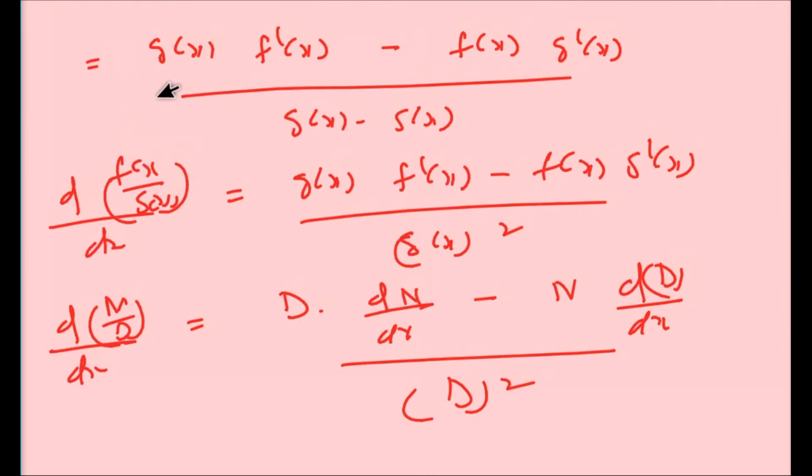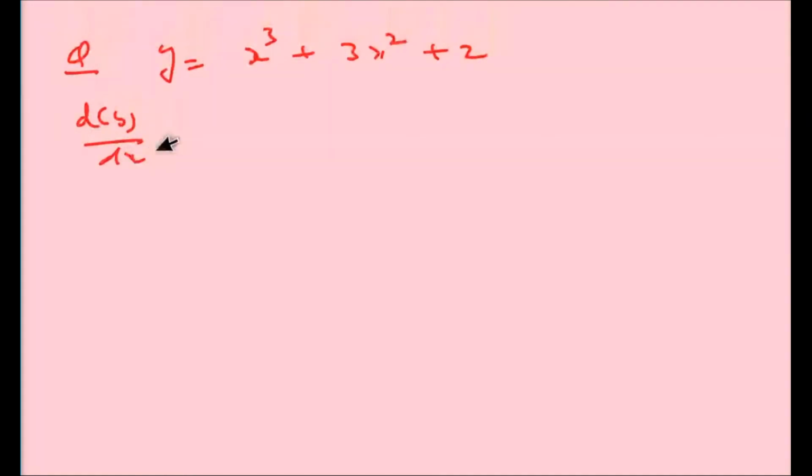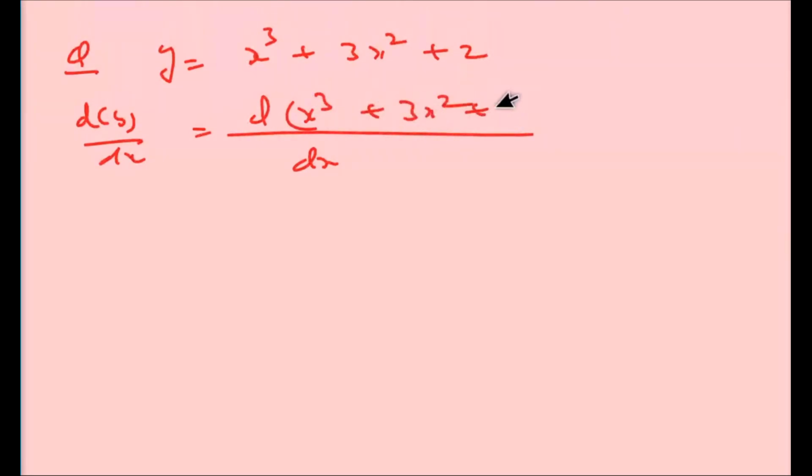Okay, so now for revising this topic we will do some questions here. Let y equal to x to the power 3 plus 3x square plus 2. So we are getting the differentiation of x cube plus 3x square plus 2.